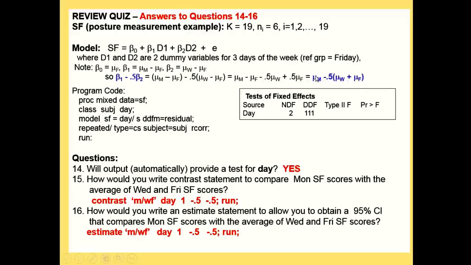And if I go to the left, I eventually get back to beta 1 minus 0.5 beta 2. Okay, what does that do? Oh yeah, because I'm now putting in the word day, so it's Monday minus 0.5 Wednesday minus 0.5 Friday. That's why that's it, and that's why that has to work.